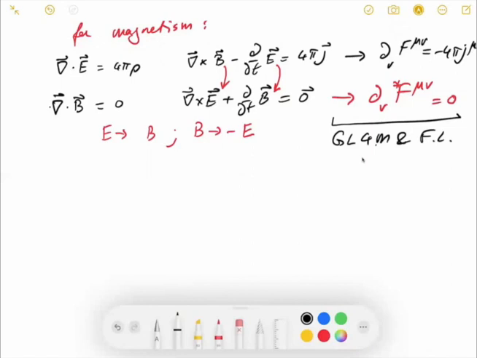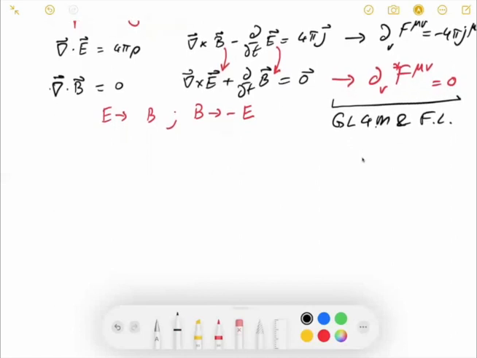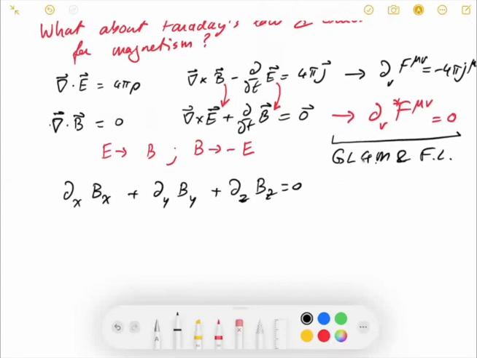Now let's write out what we want to do. So first, we want to write down that the divergence of B is 0. All right, so that's del x Bx plus del y By plus del z Bz is equal to 0. Now, that's Gauss's law for magnetism.